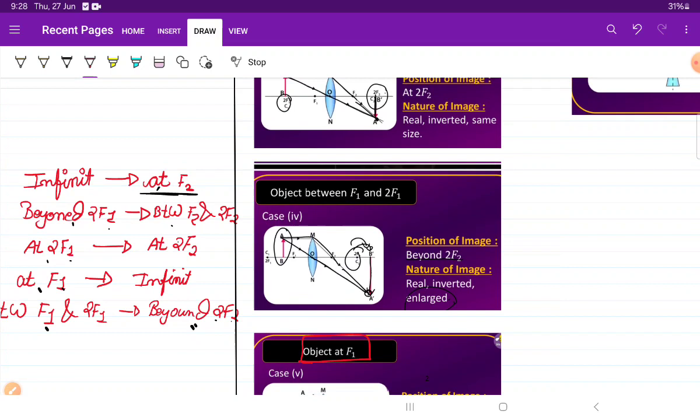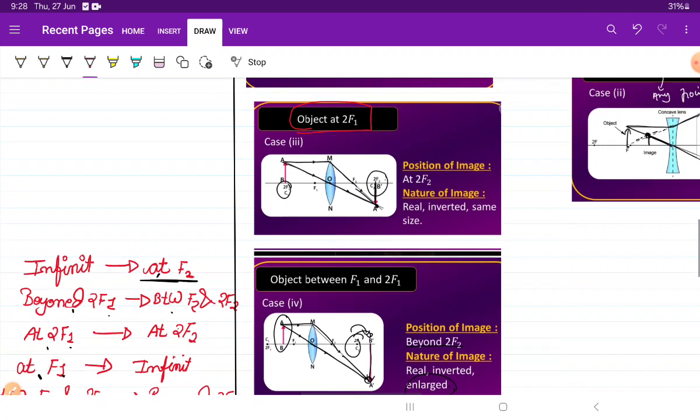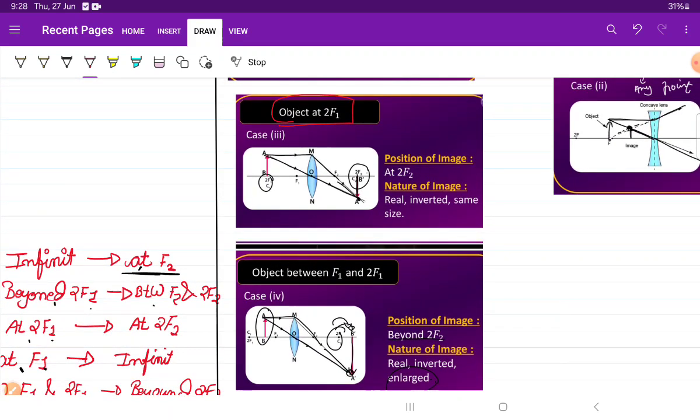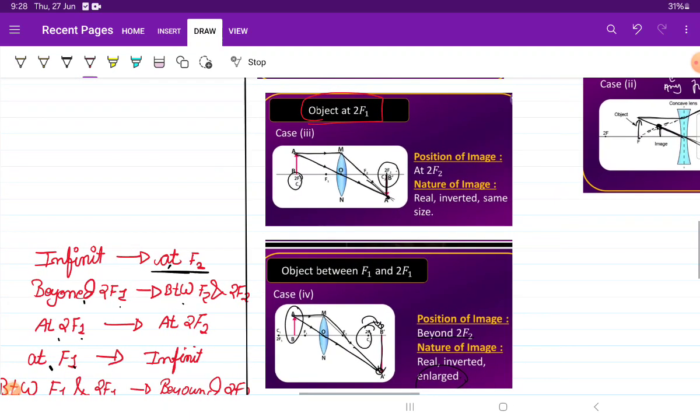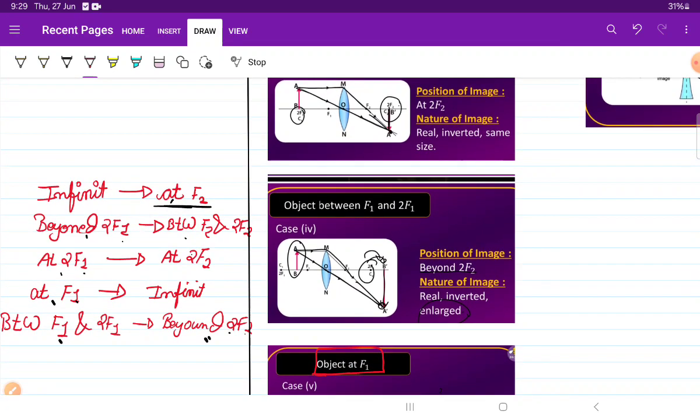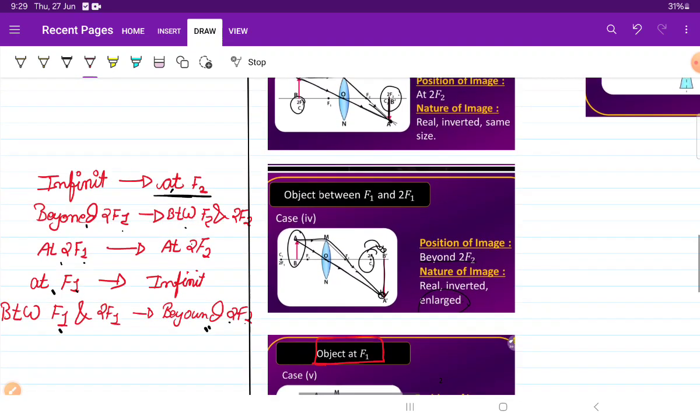Okay, so we have completed three cases. In the previous one, the concave mirror, we know there is a vice versa: object 1 to object 5, object 2 to object 4, object 3 to object 3 only. So here also the vice versa is there. First let's see all the cases, then I will tell you the short trick to learn all the cases.